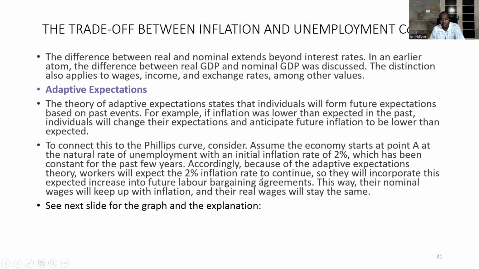We assume an economy starts at point A, the natural rate of unemployment, with an initial inflation rate of 2%. It has been constant for a number of years.